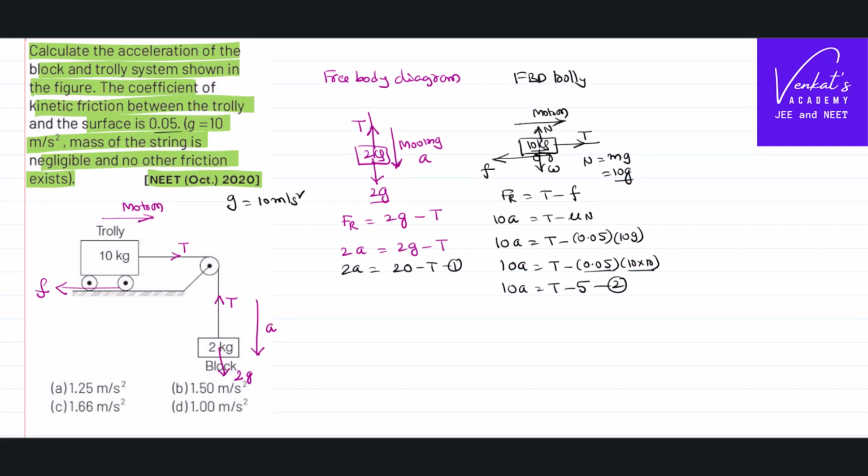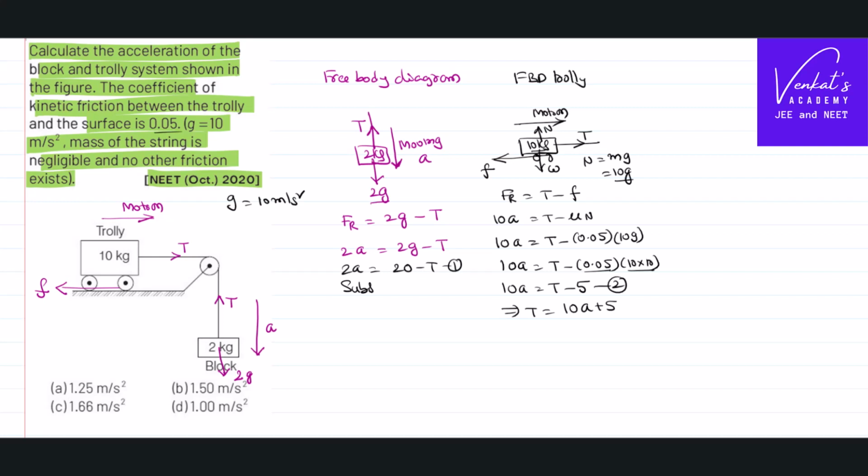From these equations 1 and 2, I am supposed to find out the acceleration of the system. So what equation can I use? From here I can write T as 10A plus 5.